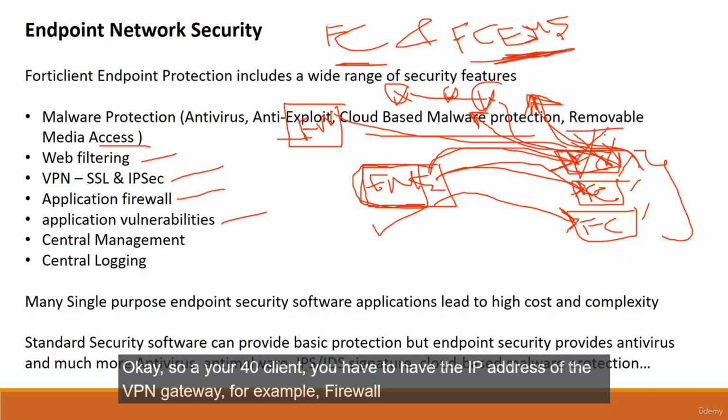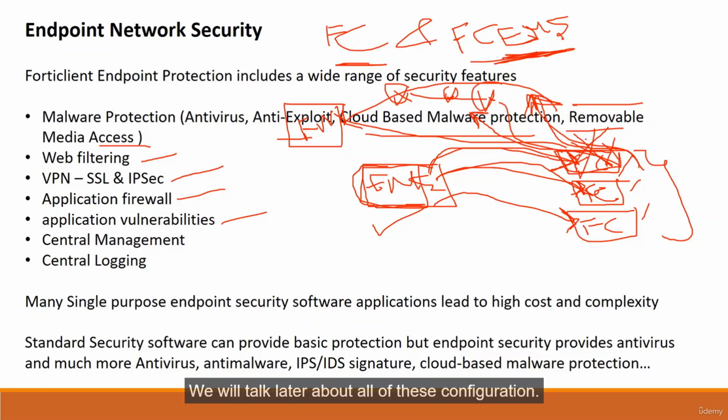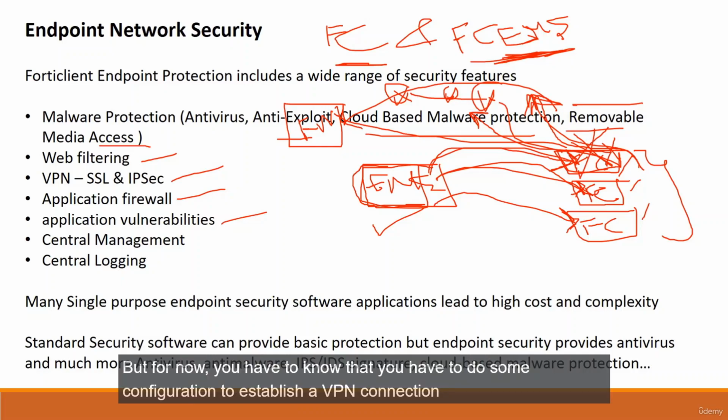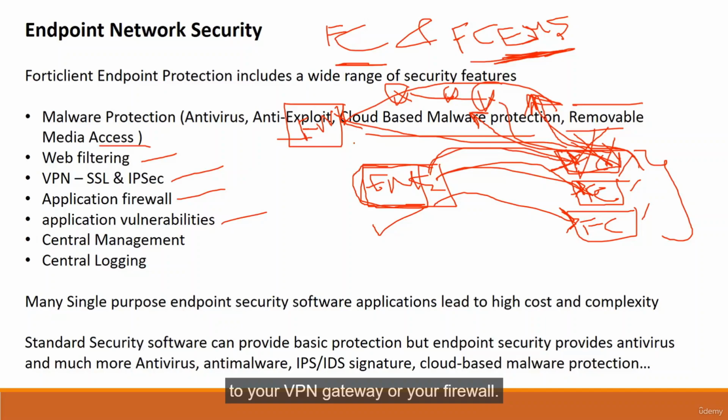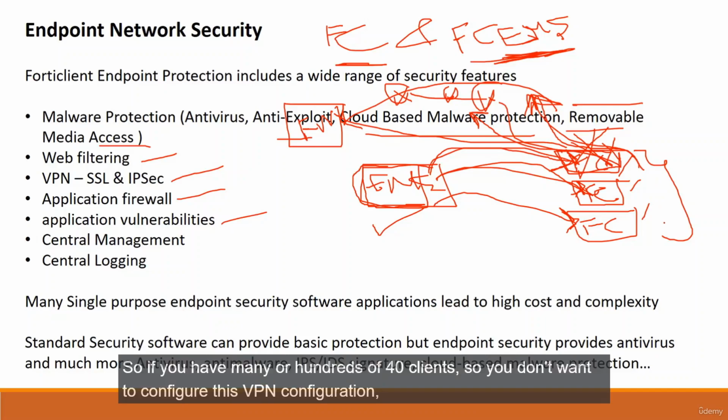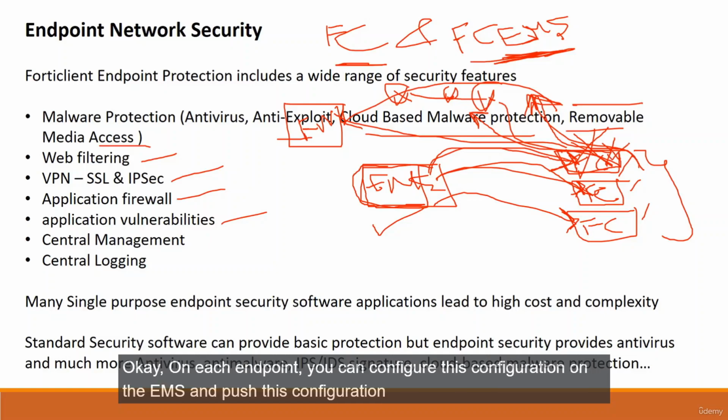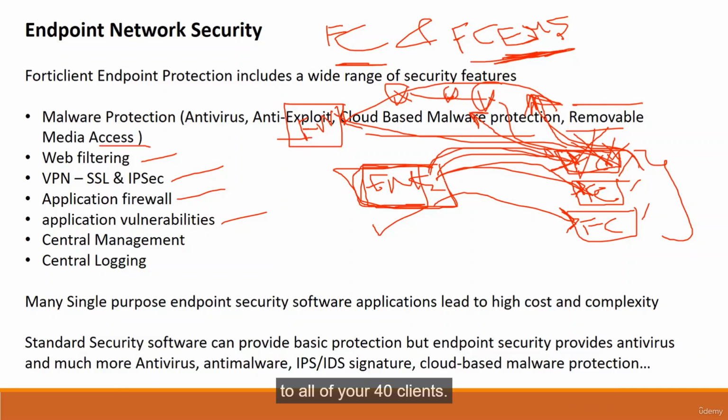In your Forticlient, you have to have the IP address of the VPN gateway, for example the firewall, and the certificate. We will talk later about all of this configuration. But for now, you have to know that you have to do some configuration to establish a VPN connection to your VPN gateway or your firewall. So if you have hundreds of Forticlients, you don't want to configure this VPN configuration on each endpoint. You can configure it on the EMS and push this configuration to all of your Forticlients. This is one of the amazing features.